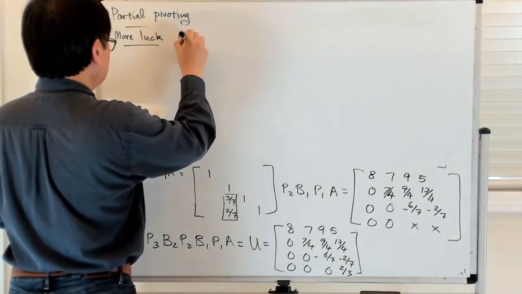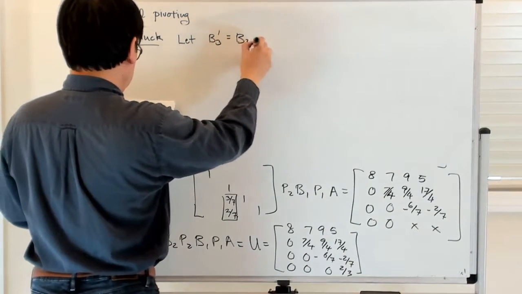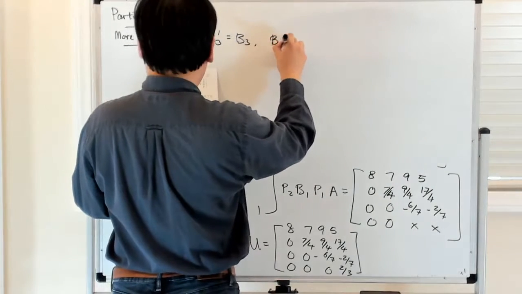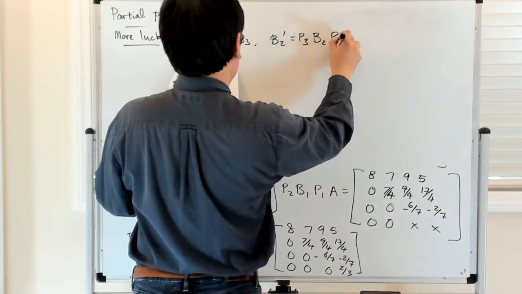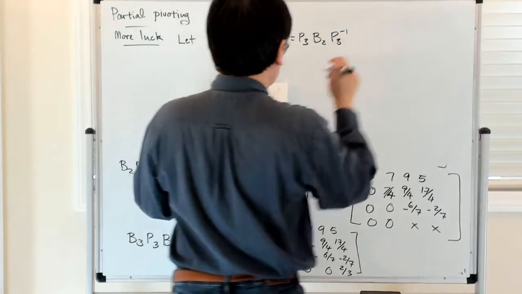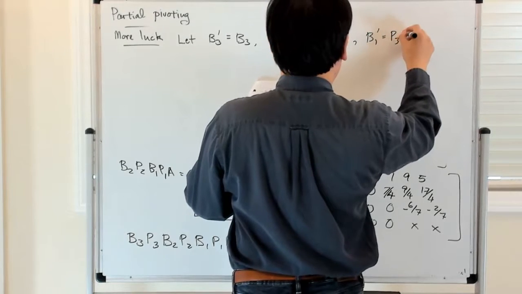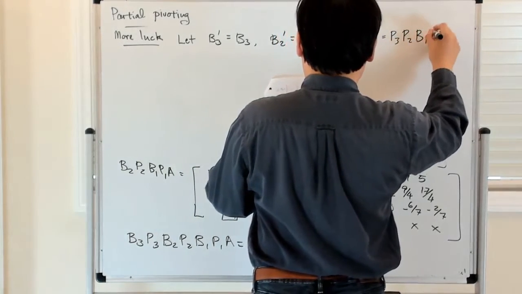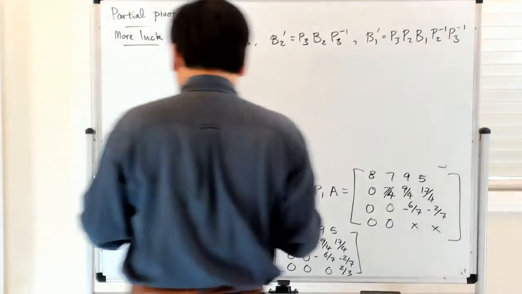So if you let B3 prime be B3, and B2 prime be P3, B2, P3 inverse, and B1 prime be P3, P2, B1, P2 inverse, P3 inverse, and so on.